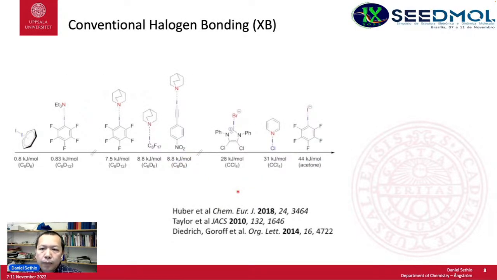The interaction energy of a typical halogen bond is relatively weak. It ranges between 0 and 44 kilojoule per mole.